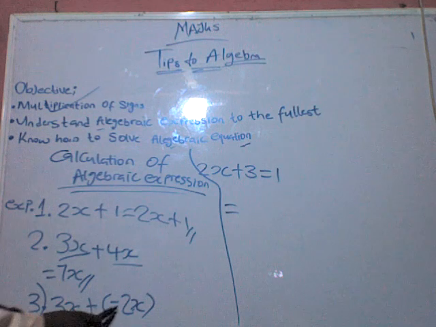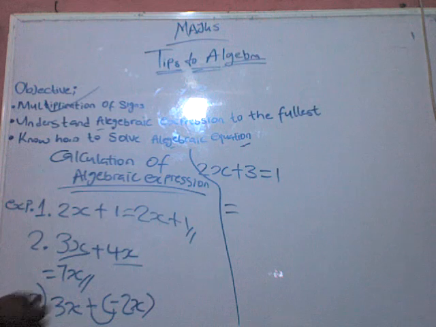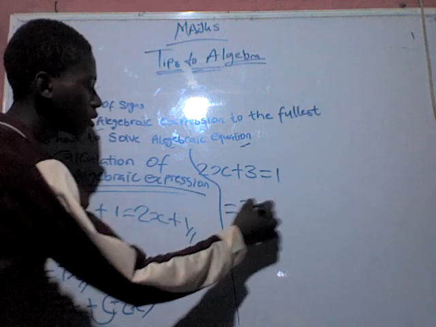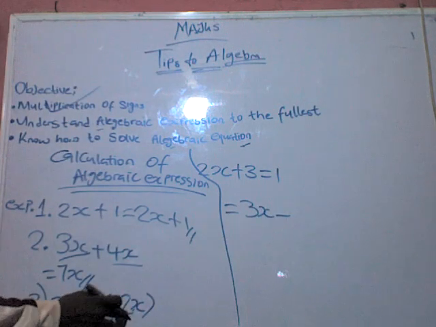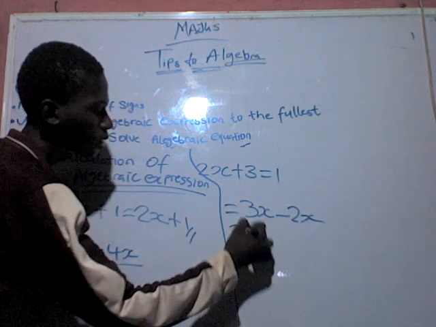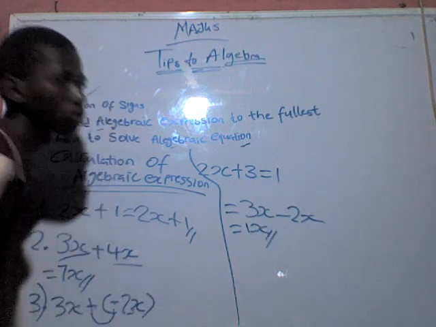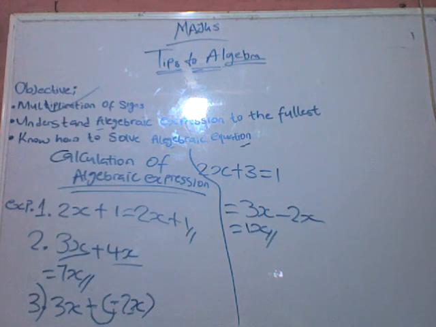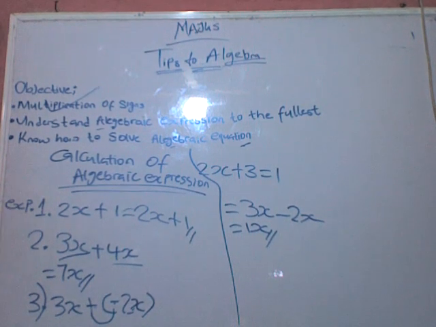Earlier on I explained how signs are multiplied. So plus times minus, two opposite signs, gives us minus. So we have 3x minus 2x, which gives us x, or you could say 1x. So that is all I have to explain on calculation of algebraic expression.